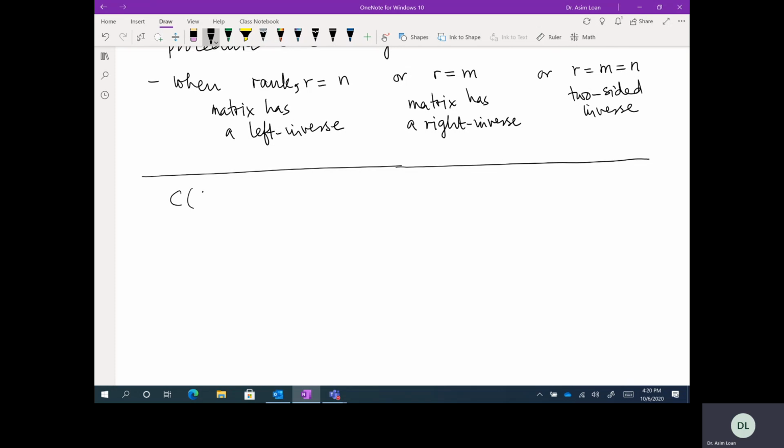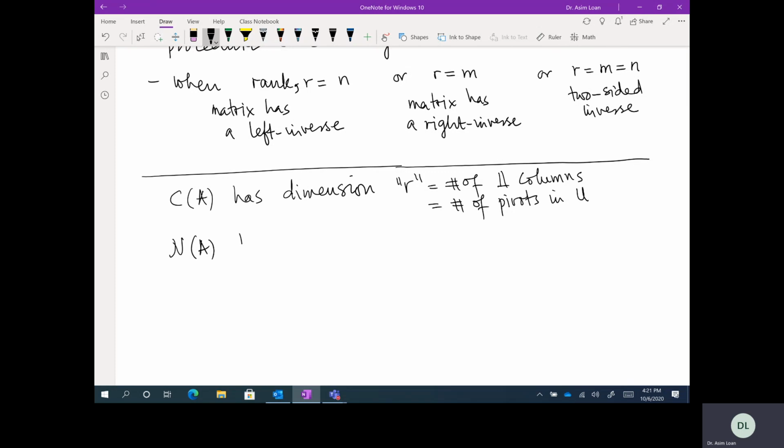So the column space of A, we know, has dimension r. r is the number of independent columns, the number of pivot variables, the number of pivots in U. The null space of A has dimension n minus r.